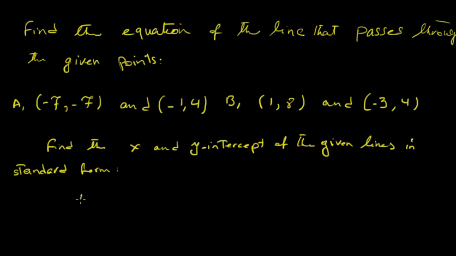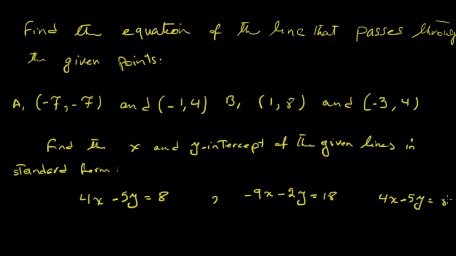So let's say we have 4x minus 5y equals 8, minus 9x minus 2y equals 18, or 4x minus 5y equals 8.